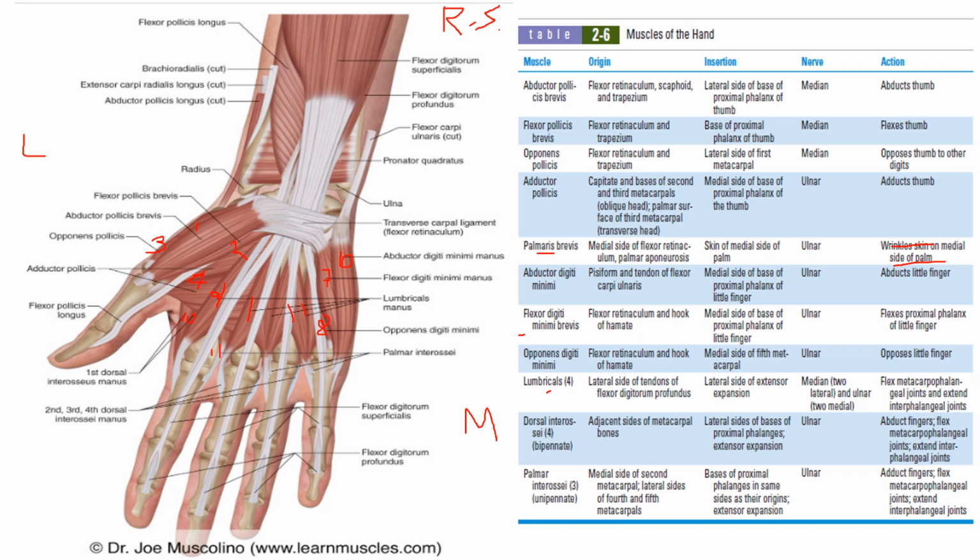If the dorsal interossei muscles abduct the fingers, the palmar interossei bring the fingers together. They adduct the fingers. They also flex the MCPs and extend the interphalangeal joints.